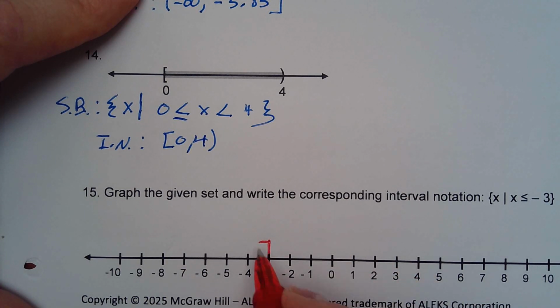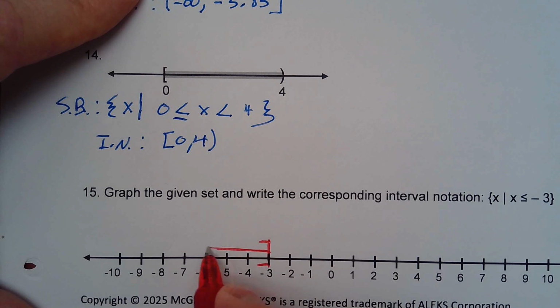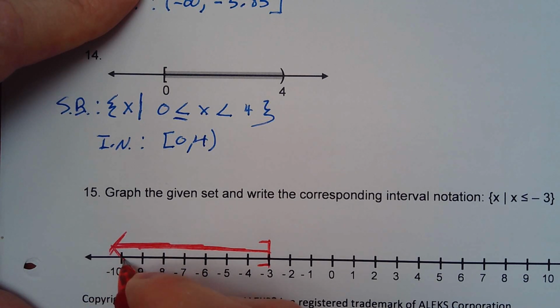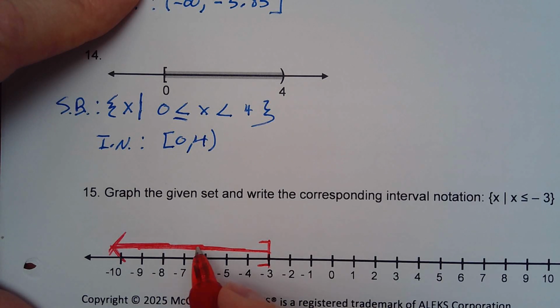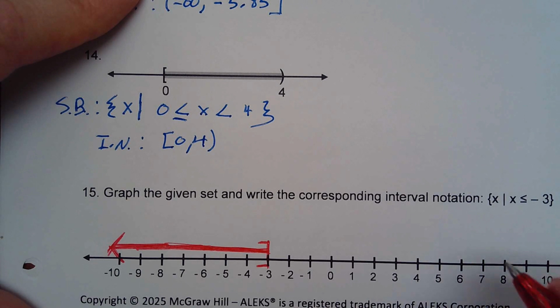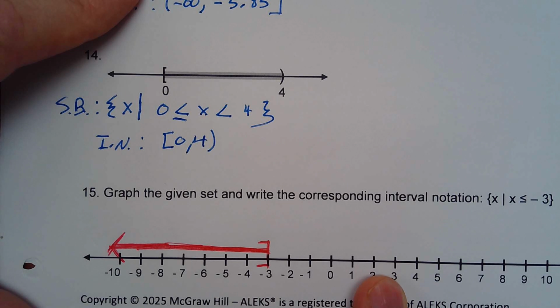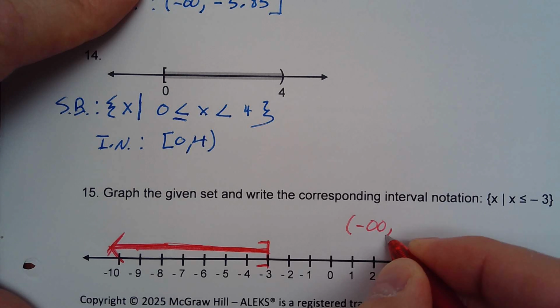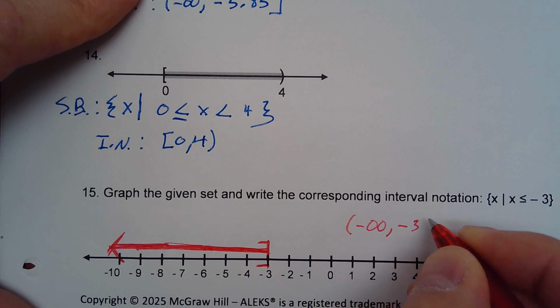The bracket and parentheses must always open in the direction of the shading. So that would be my graph. And then interval notation, again, from smallest to largest, left to right, would be negative infinity to negative 3.5, square bracket.